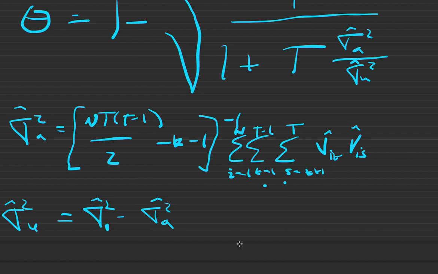So this feasible GLS procedure that uses theta hat in place of theta is called the random effects estimator. And this is what we run in Stata.